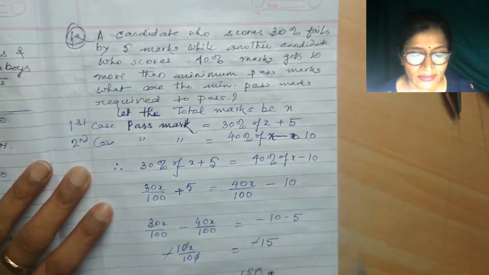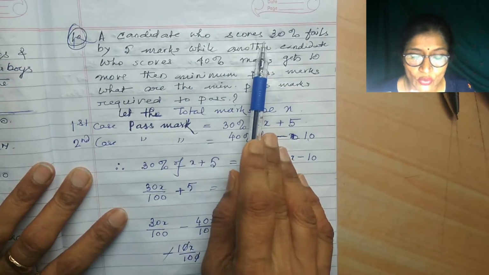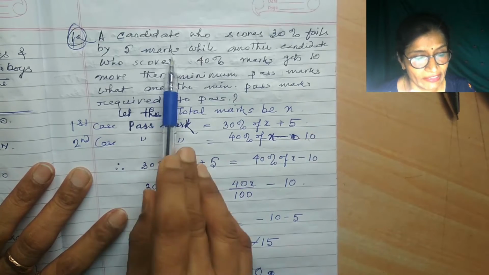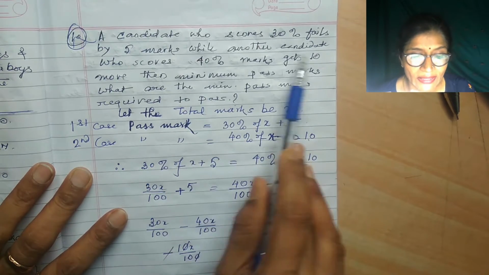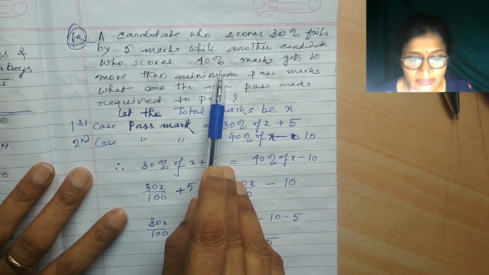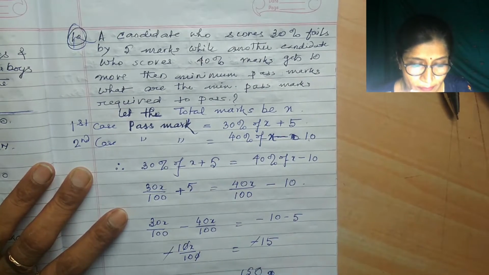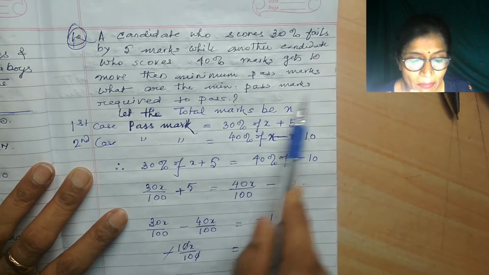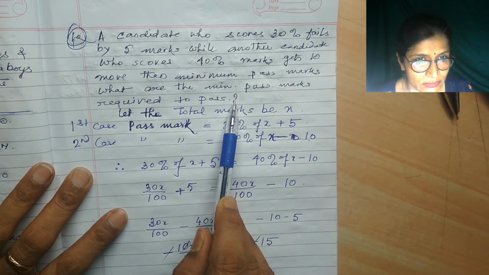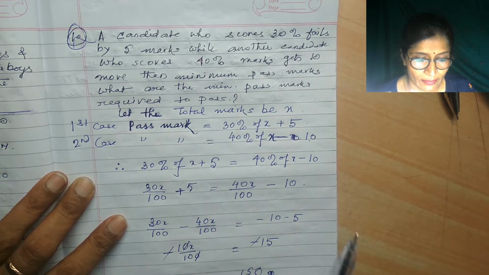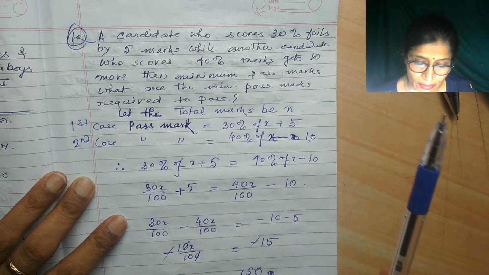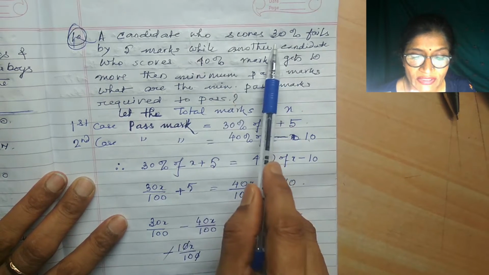Next: a candidate who scores 30% fails by 5 marks. Another candidate who scores 40% marks gets 10 more than the minimum pass mark. What is the minimum pass mark required to pass? It is what is given, 30%.